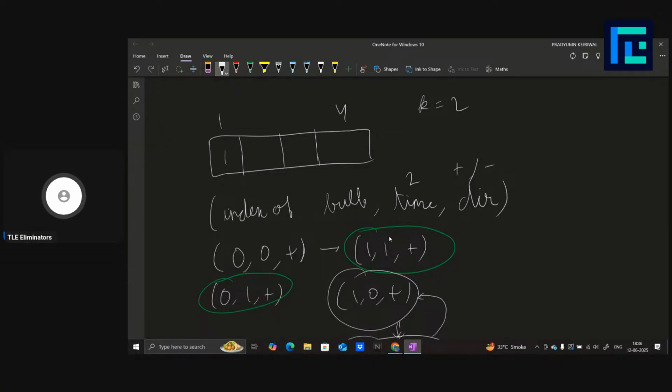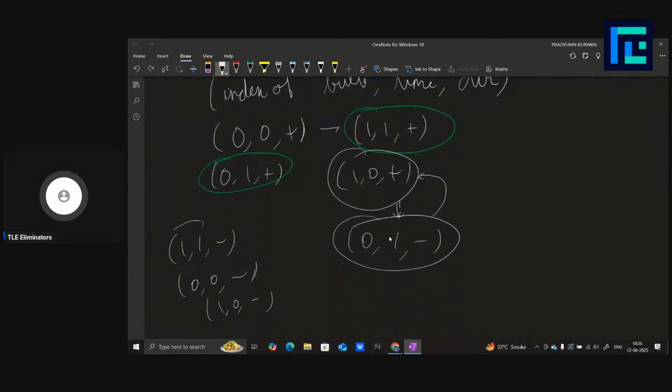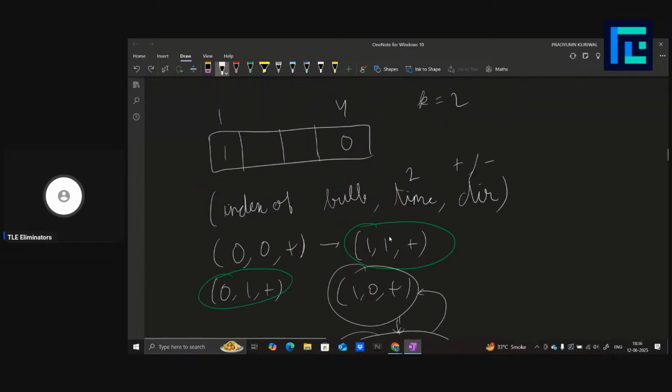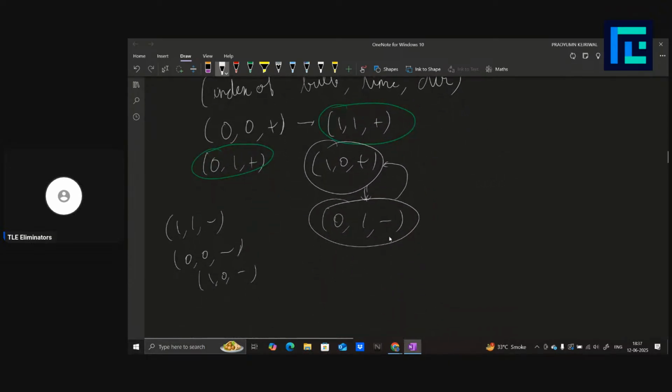Here I have a light bulb at 1 and a light bulb at 0. This one will show red at t equal to 1 and this one will show red at t equal to 0. So 1 1 minus means I am spawned at this one at t equal to 1 having negative direction. Here the light is green at t equal to 1, so I'll continue. So t equal to 1, t equal to 0. I have reached here at t equal to 0, right? So from 1 1 minus I can reach 0 0 minus.